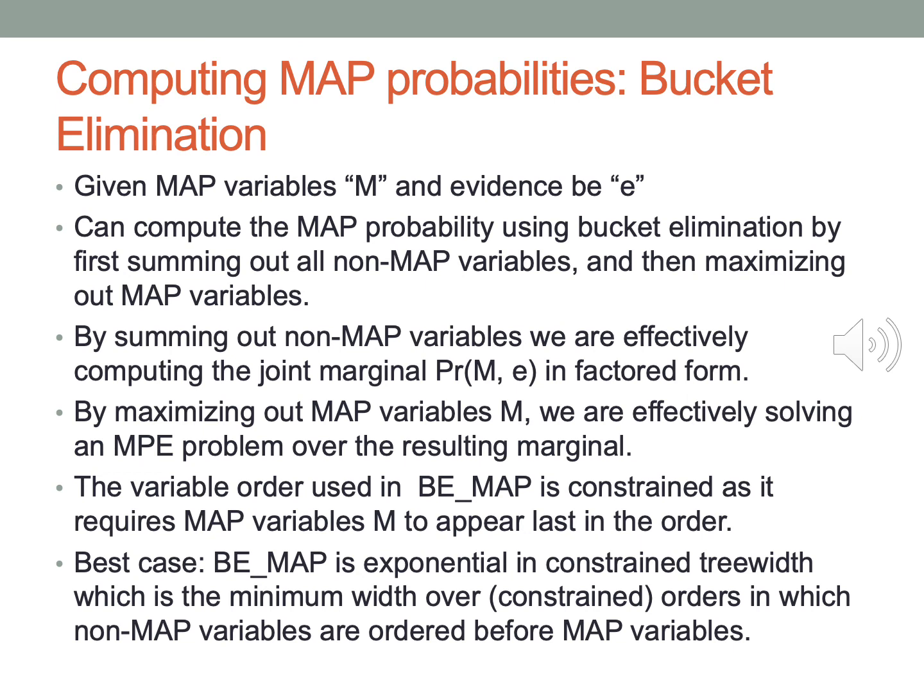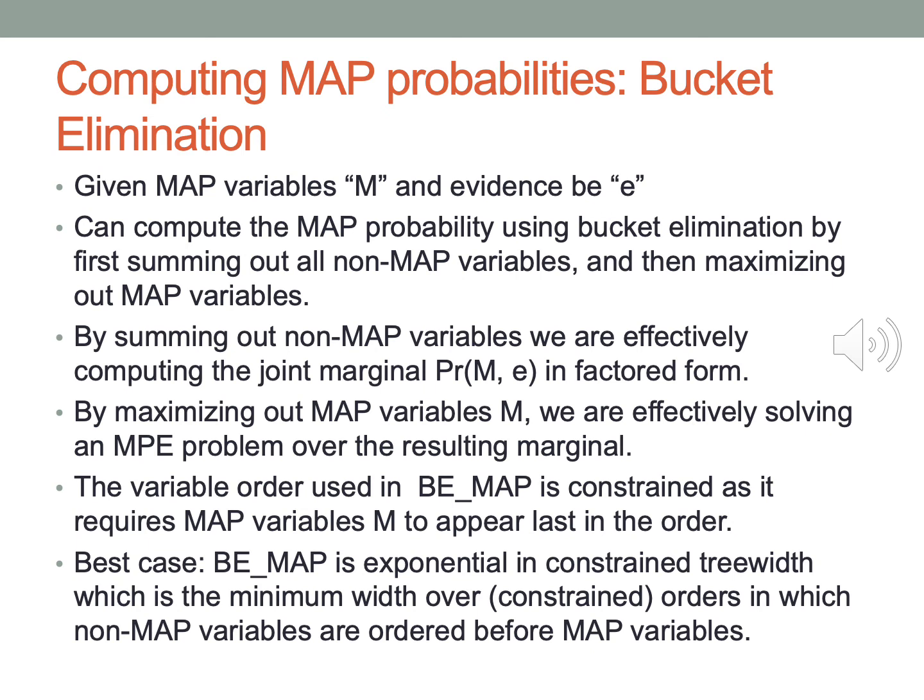From the point of view of bucket elimination, we divide the variables into two sets. Variables which we have to sum out, which we'll call non-MAP variables, and variables which we have to max out, which we'll call MAP variables. In bucket elimination, we'll first run sum-out based bucket elimination over the non-MAP variables, and once that is complete, we will run max-out based bucket elimination over the MAP variables.